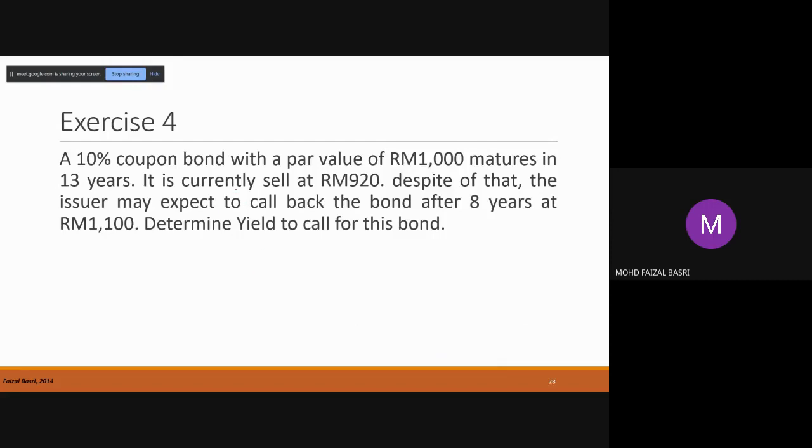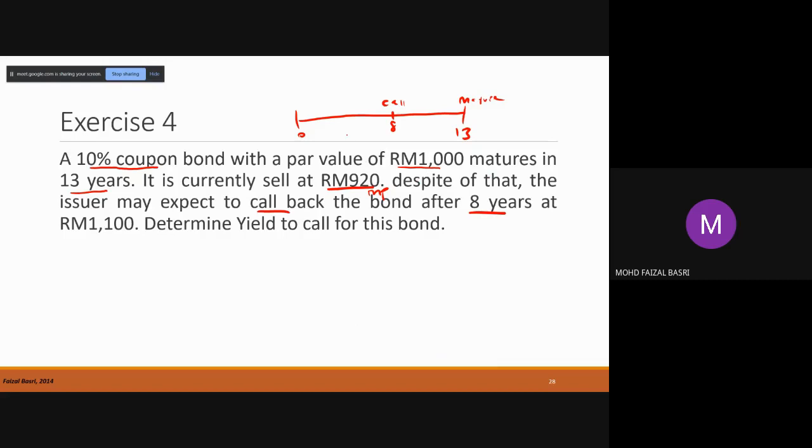Let's look at this example number 4. A 10% coupon bond with a par value of 1000 matures in 30 years. It is currently selling at 920, so this is our market price. And despite that, the issuer may expect to call back the bond after 8 years. So in the 8th year, they can call here.